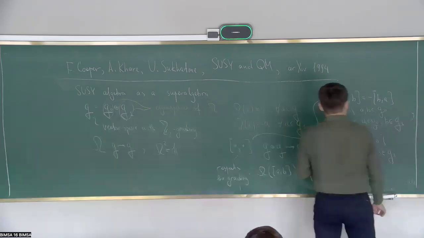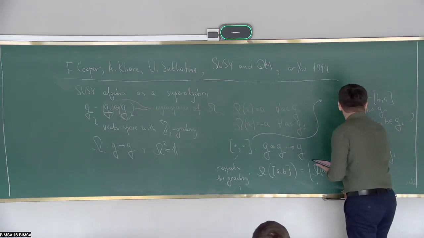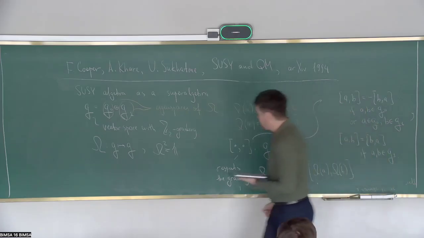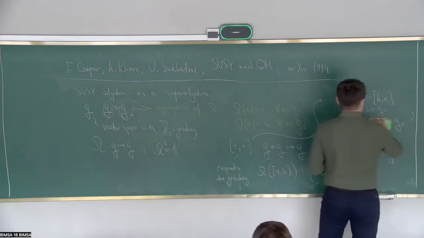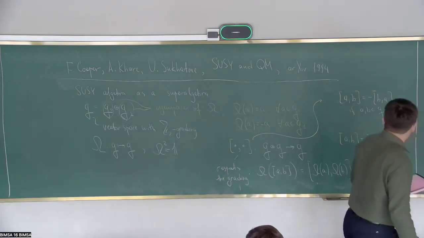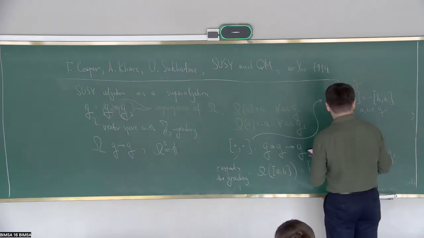Maybe a different way: if A and B belong to G0, then the bracket belongs to G0 because it respects the grading.